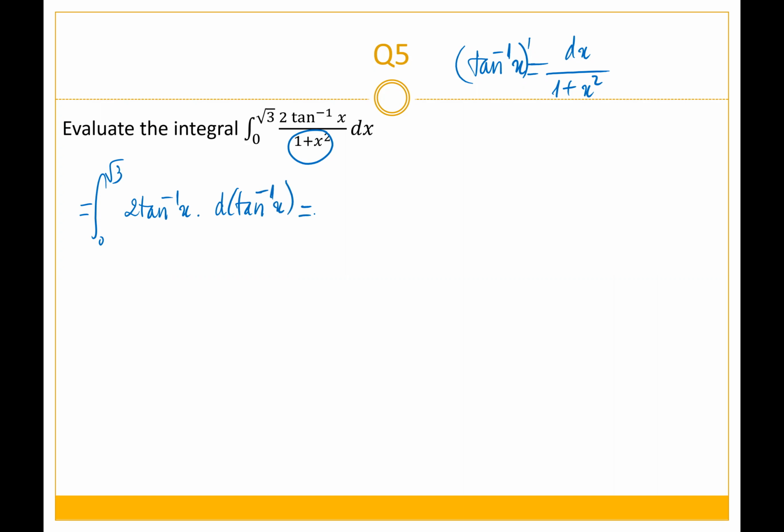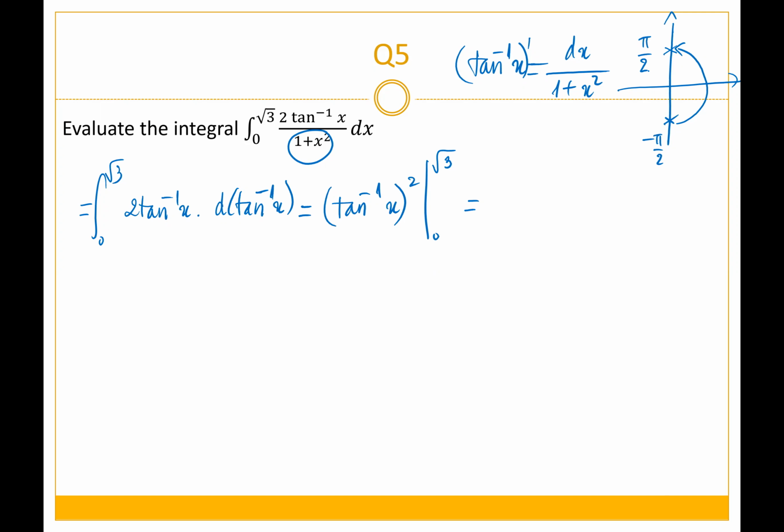This is going to be inverse tangent of x squared from 0 to square root of 3. This one, inverse tangent of square root of 3. Now remember, the range of inverse tangent is from negative pi over 2 to pi over 2, not taking the two endpoints. We don't take that. Oh no, not the domain, the range.